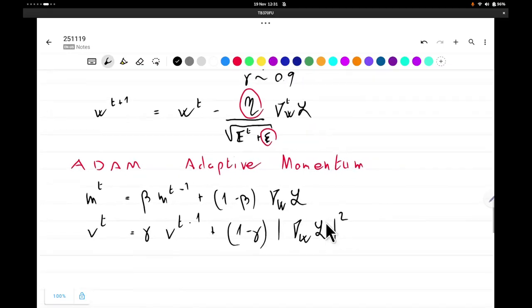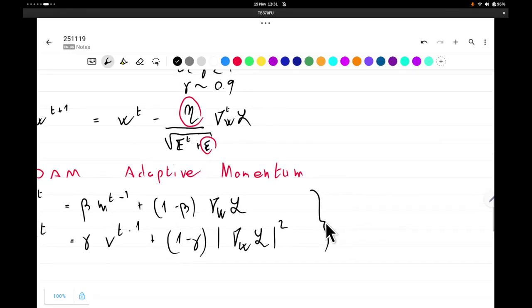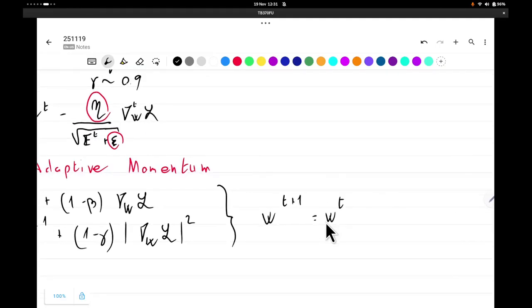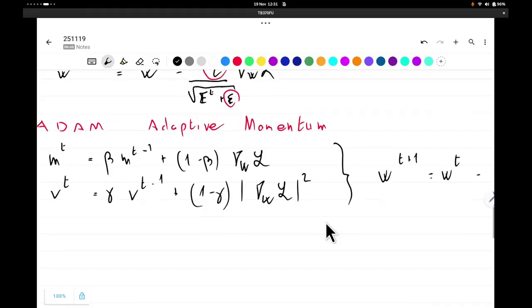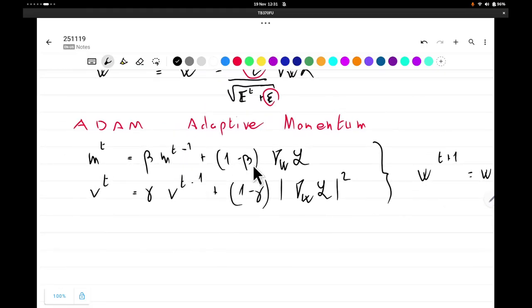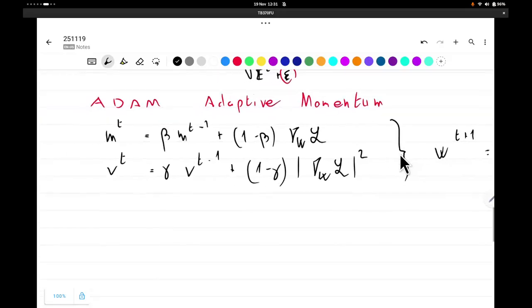And then we have that the overall update of the weights is the previous one minus eta over v plus epsilon multiplied by m_t. So v comes from this update, and m comes from this update.